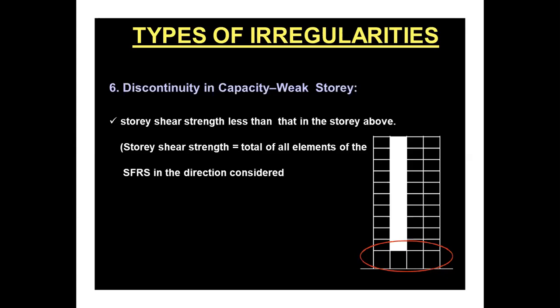Story shear strength is equal to the total of all the elements of the SFRS in the direction considered. So the shear strength of all stories is designed to be the same, so that we can avoid this discontinuity.